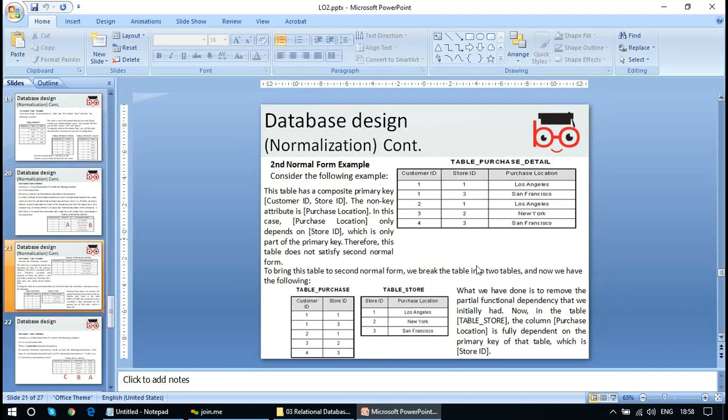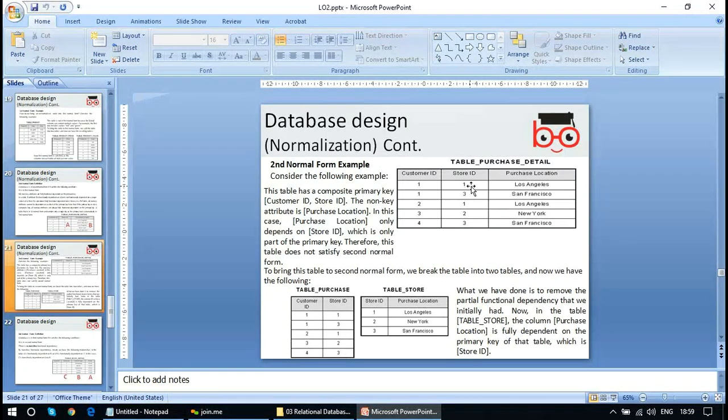Now if you look here, store ID 1 is Los Angeles, 3 is San Francisco, and this is a purchase table. Somebody wanted to store the customer ID and store ID. However, they could possibly just store the store ID instead of repeating the store detail in every table.